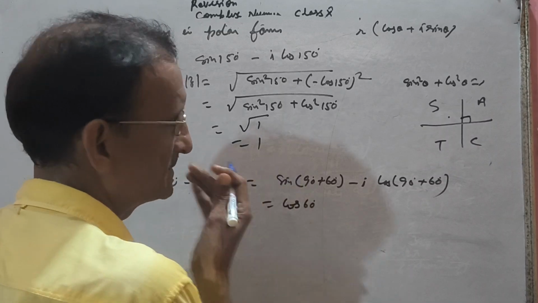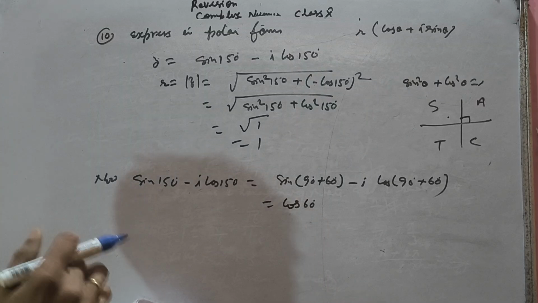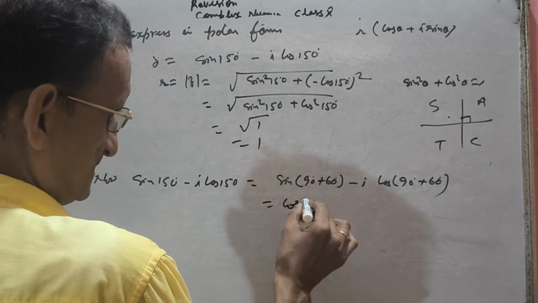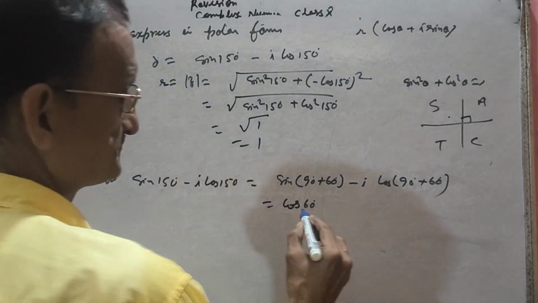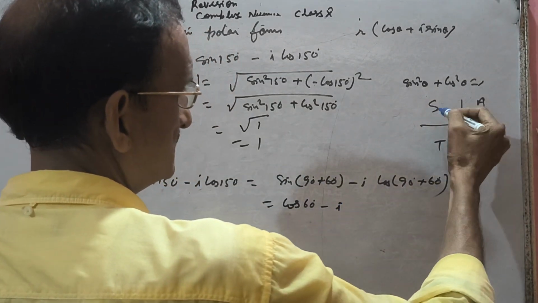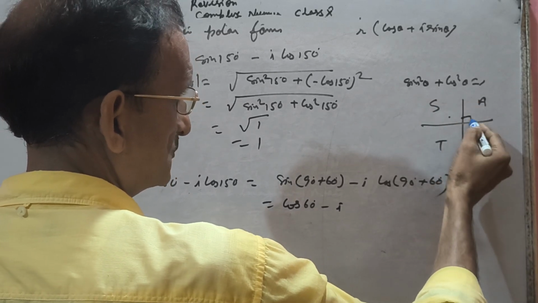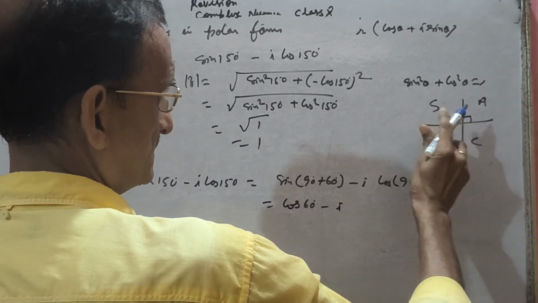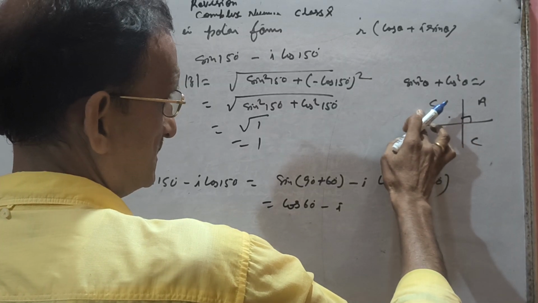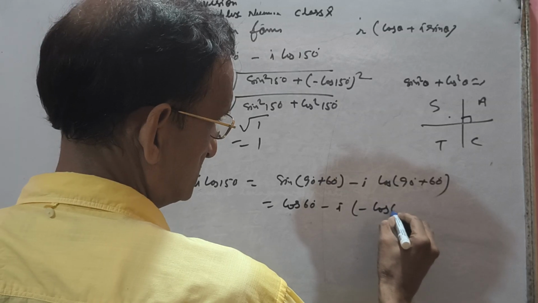When you do trigonometry, then you will understand properly. But here remember, sin(90 + theta) is cos theta, minus i into cos(90 + theta). Since 90 + 60 falls in the second quadrant, more than 90 degree, and only sine and cosec are positive, this will be negative. So minus sin 60 degree.